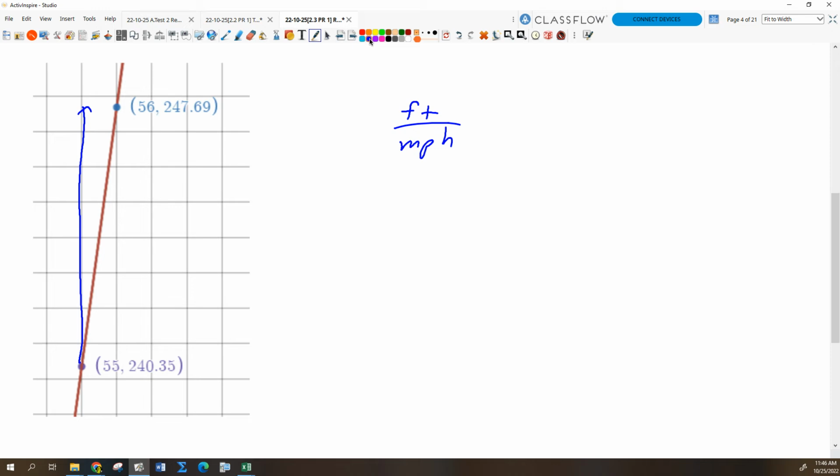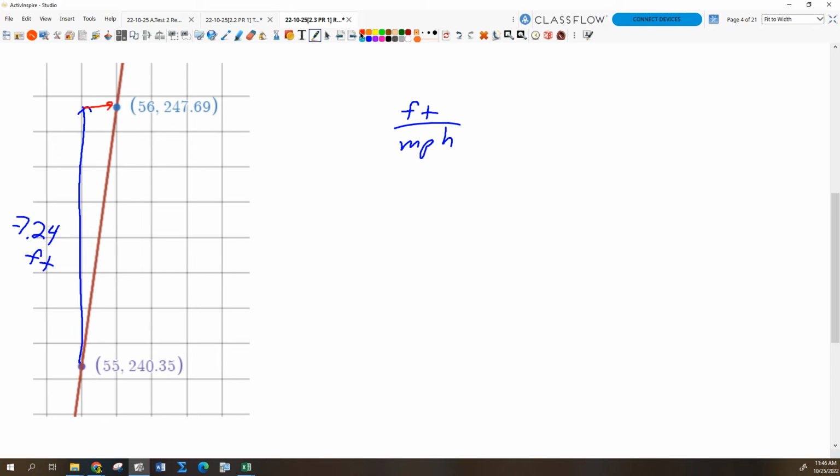Those are the units of slope. And so the rise is measuring feet, change in feet, right? So that's going to be something like, it looks like it's about 7.24, right? Feet is the rise. What's the run?